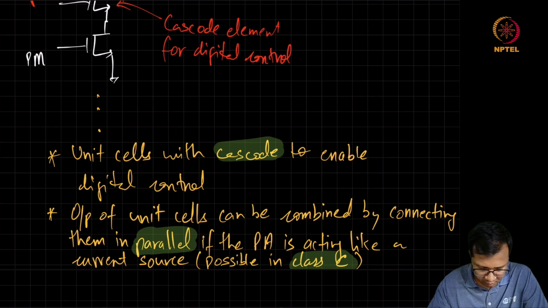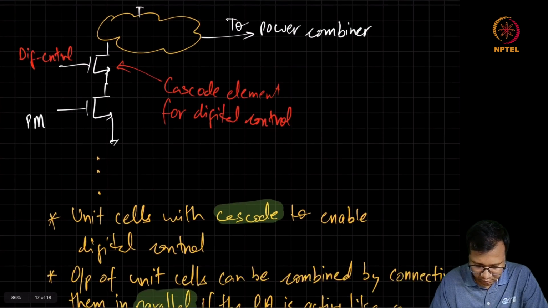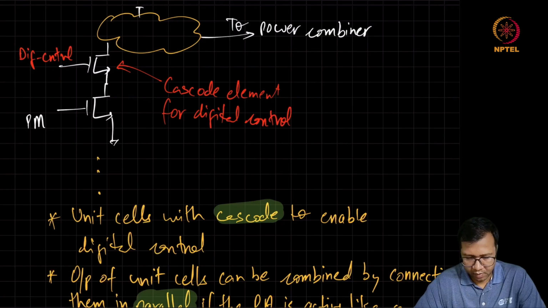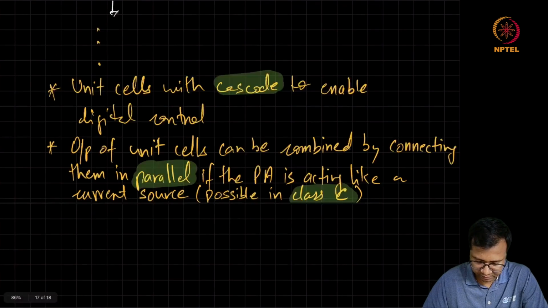Okay. So a class C power amplifier with a cascode element can be easily connected in parallel to start acting like a digital power amplifier.